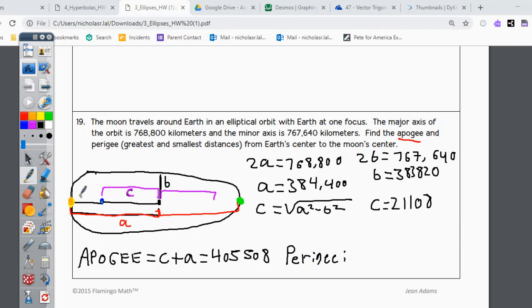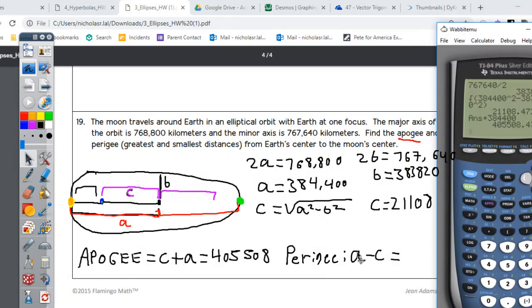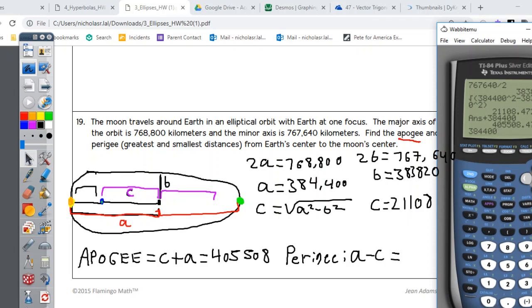So you see this distance right here, that is A minus C. So that's going to be equal to A, 384,400, minus C, which is 21,108, and that's 363,292.